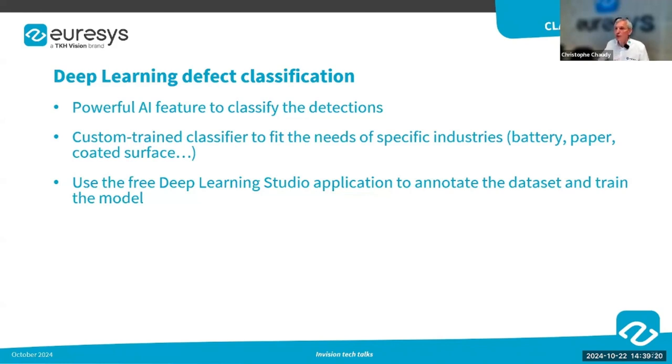Because it's custom trained, it fits the needs of specific industries. So depending on the use case, the customer could train a very specific classifier. And it uses the Deep Learning Studio application, which is free in Open eVision, to annotate and train the model.